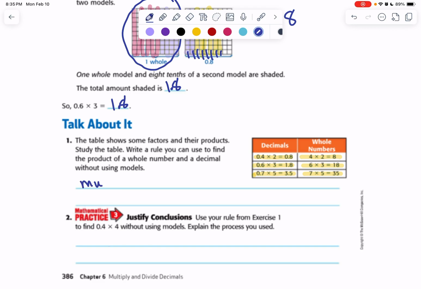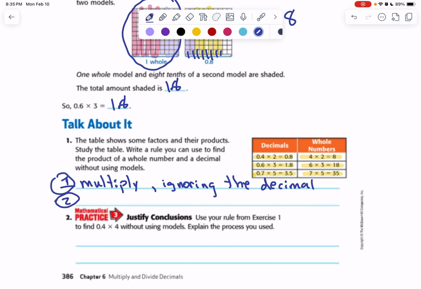Multiply, ignoring the decimal, so that would be like step 1, right?